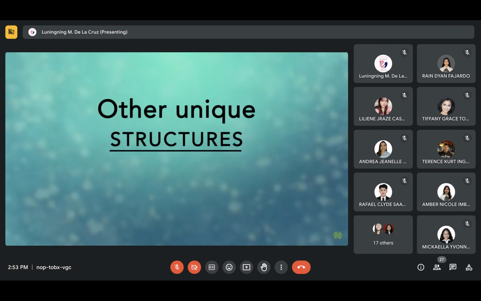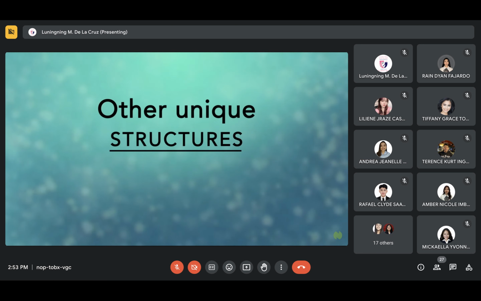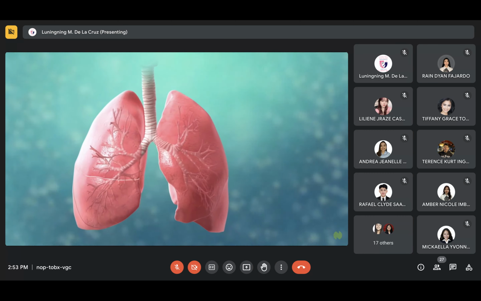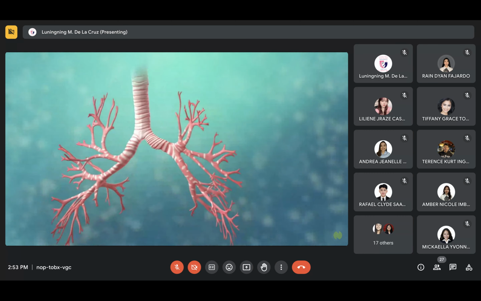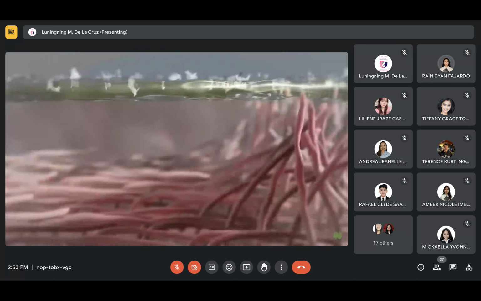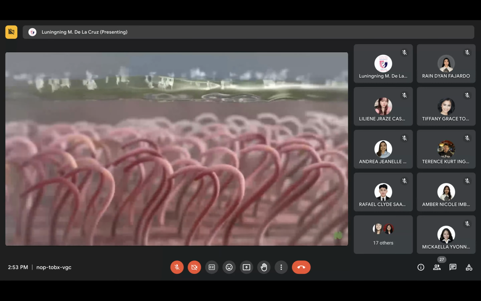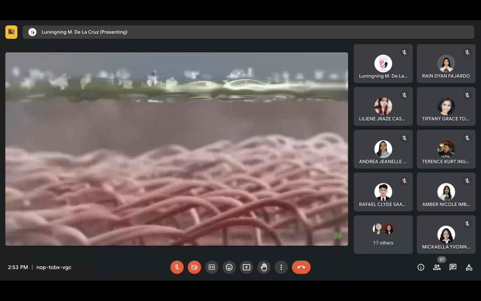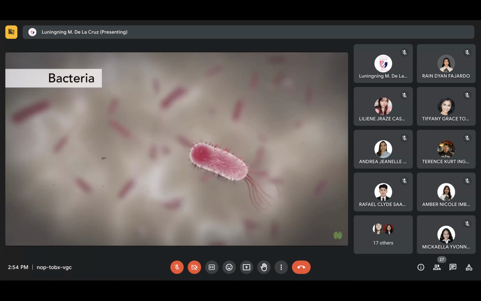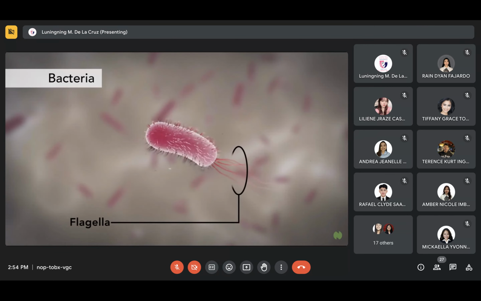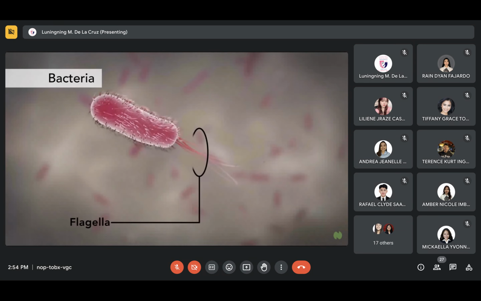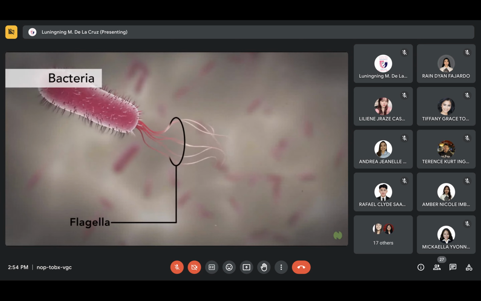There are many other unique structures that only some cells have. Here are just a few. In humans, for example, the respiratory tract is lined with cells that have cilia. These are microscopic hair-like projections that can move in waves. This feature helps trap inhaled particles in the air and expels them when you cough. Another unique feature in some cells is flagella. Some bacteria have flagella. A flagellum is like a little tail that can help a cell move or propel itself.